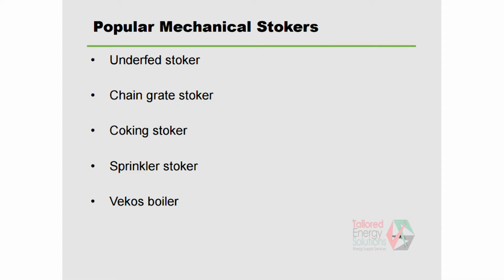I saw a boiler at Finnegan that was a good one. I tested that boiler and it was running very, very well. The popular stoker types in the country are underfeed stoker boiler, chain grate, coking grate, sprinkler, and vibrating grate. No matter what your brand is, you are in one of these five categories.